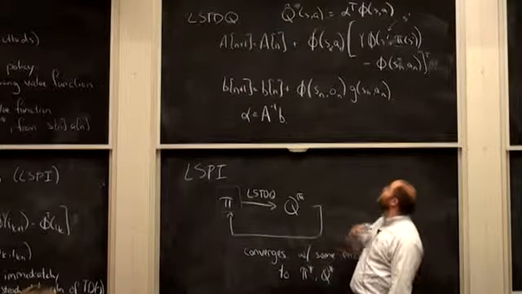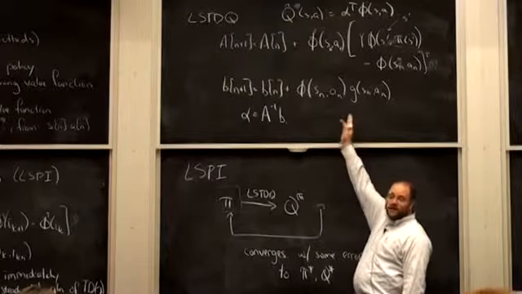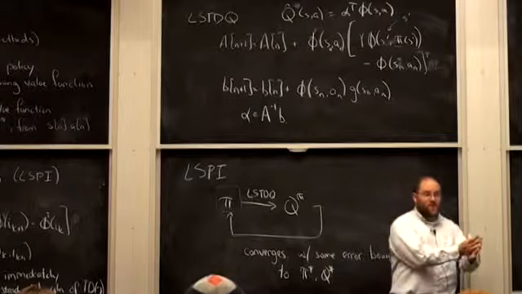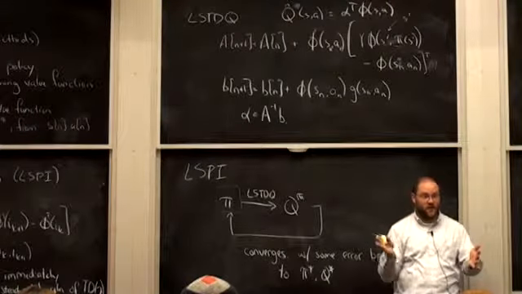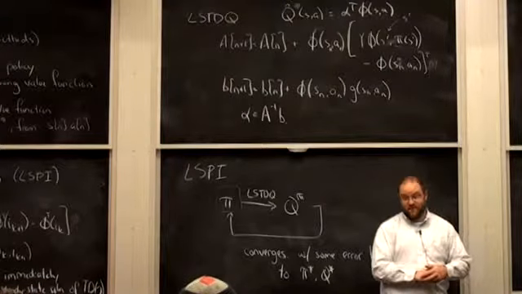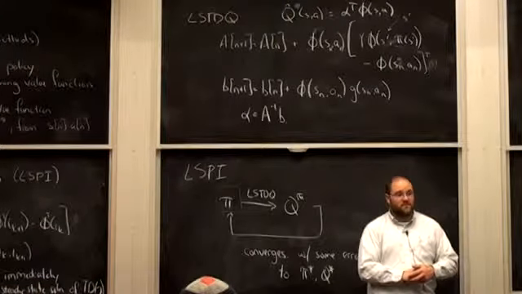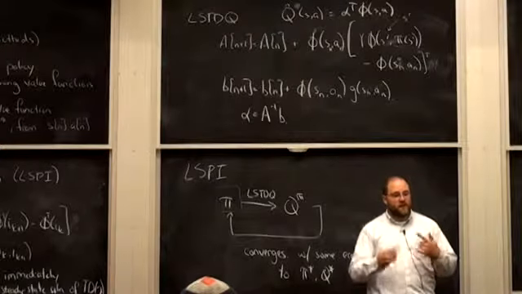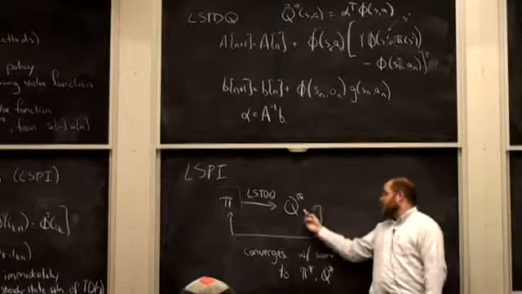You just take your old tapes and actually regenerate A and B as if you had seen the old tapes executing the new policy. And you can reuse all your old data and make an efficient update to get Q pi in the second step.